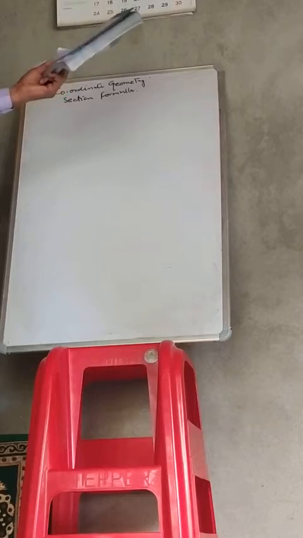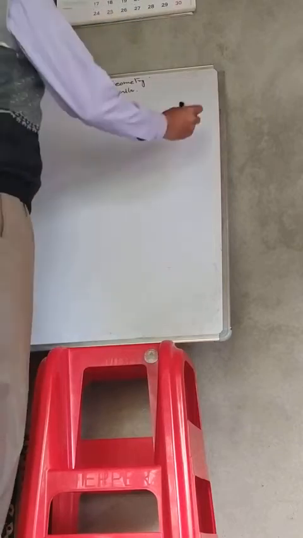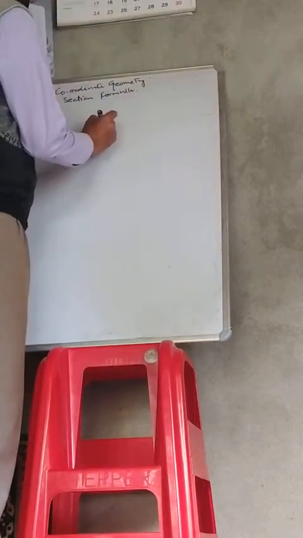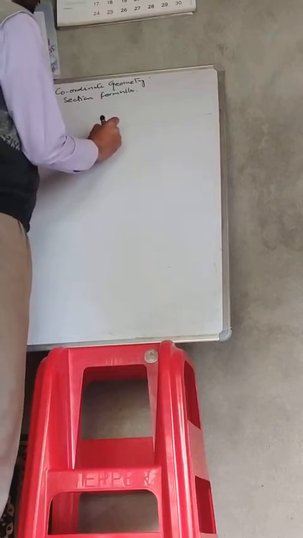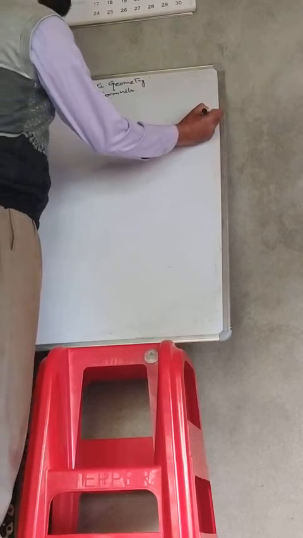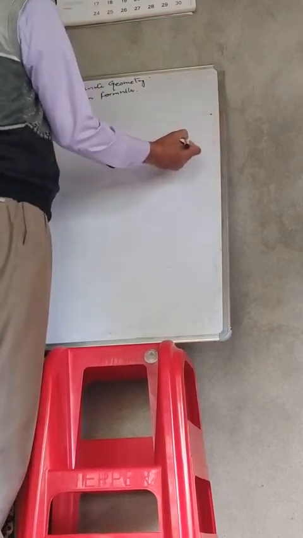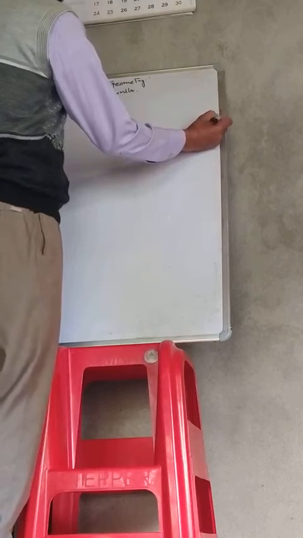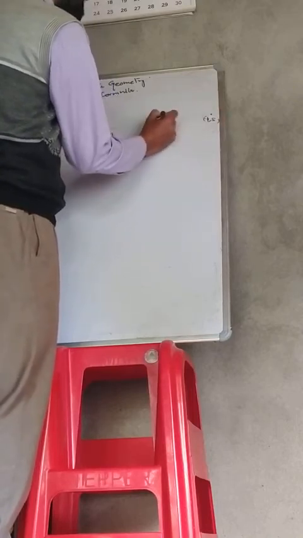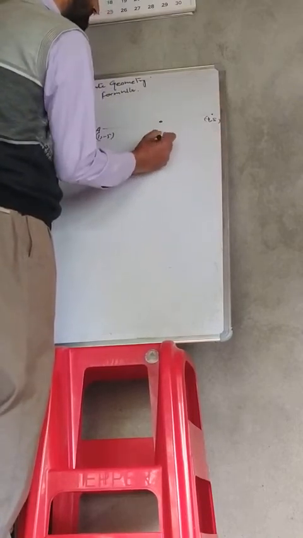Find the coordinates of the point of division. Again the same question. Suppose this is A with coordinates 1 and minus 5 and B has coordinates minus 4 and 5, and this is divided by this x-axis.